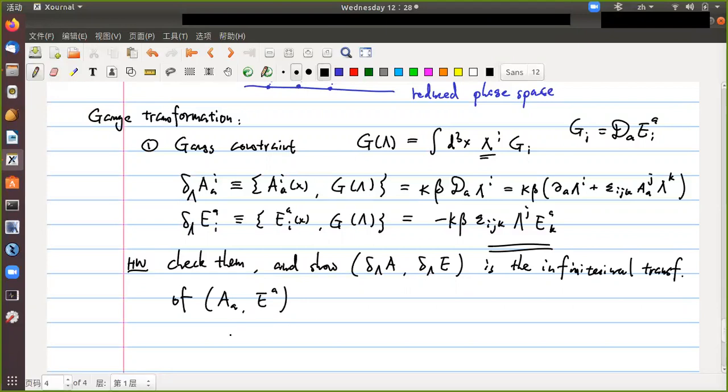They are Lie algebra valued. They are matrix valued.